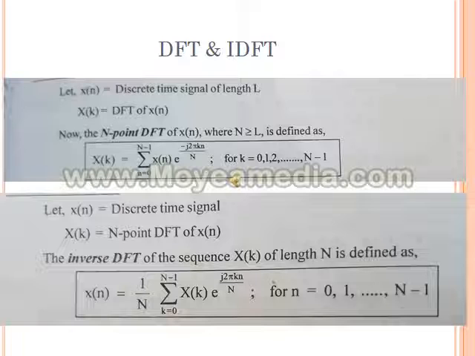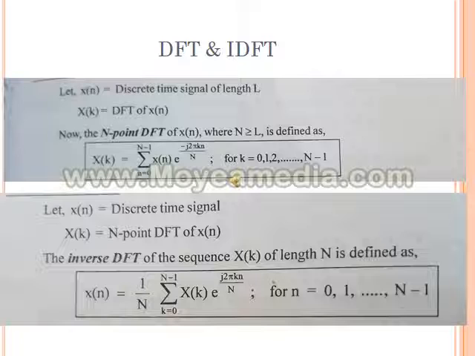The inverse DFT of the sequence X[k] is given by small x[n] equal to 1 by capital N, summation k equal to 0 to N minus 1, capital X[k] e raised to the power j 2 pi k n by capital N. Small n has values 0 to capital N minus 1.